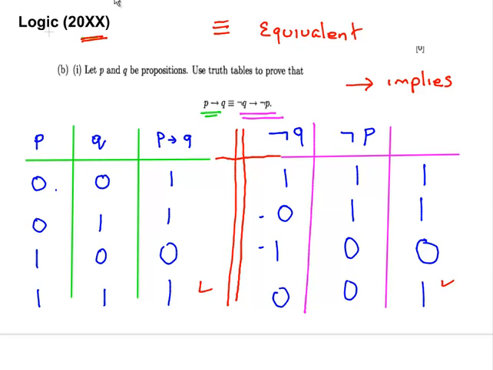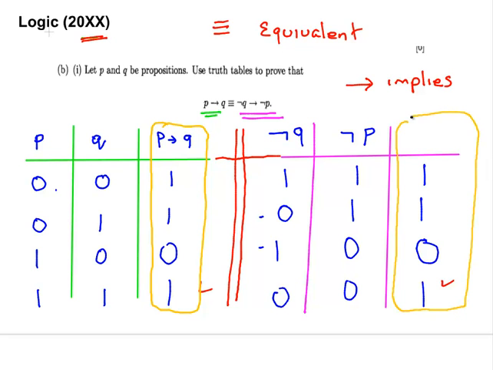Anyway, the last part is to state explicitly that this column here is directly the same, is it exactly the same as this here?